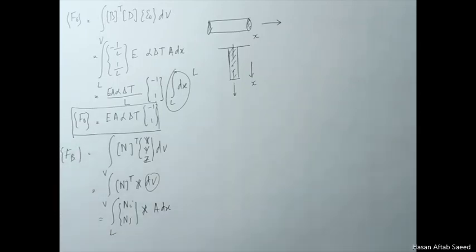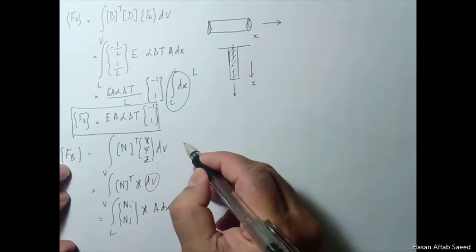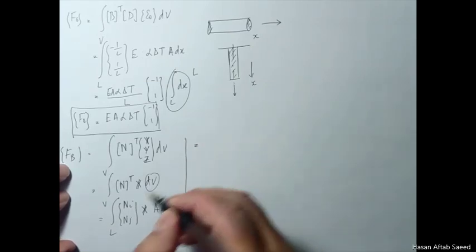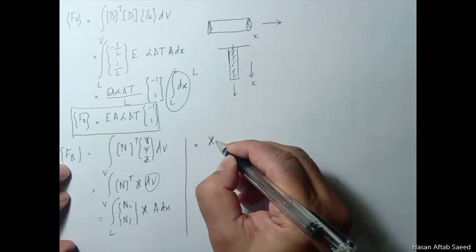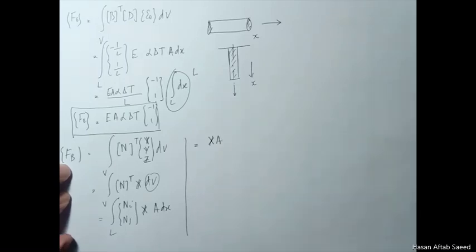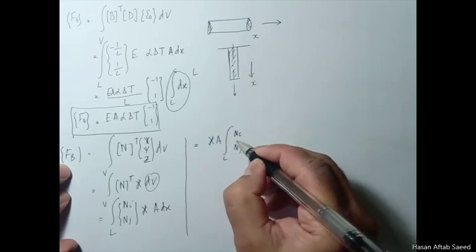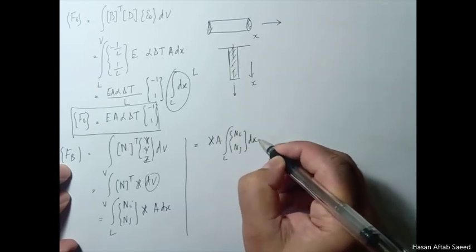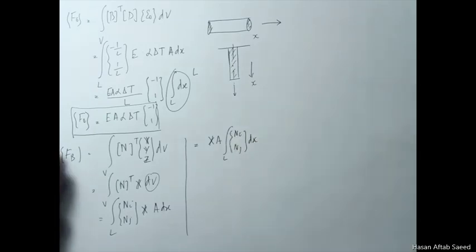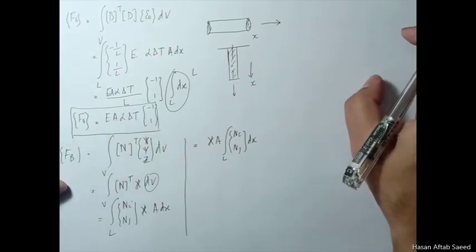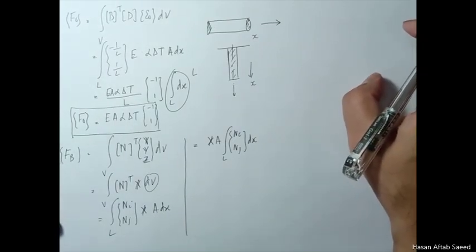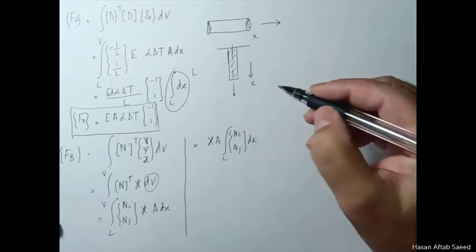Now x and A go out, and we are basically left with an integral of this quantity. Now, because we are familiar with the factorial formulas of integration, this is very easy for us.